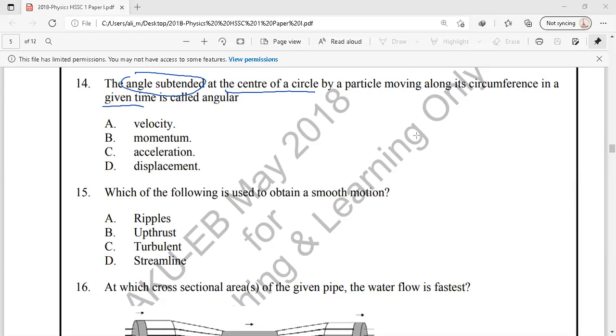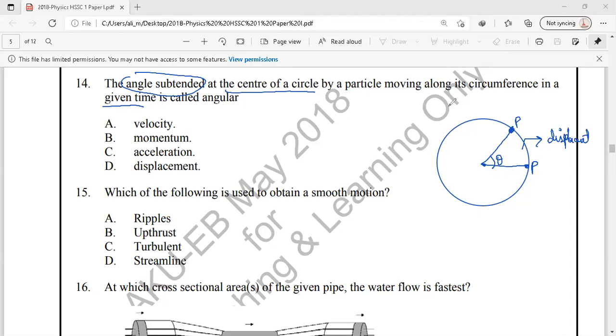So, if a body is moving in a particular circular path, let's say this is the starting point of a particle P, and at a certain time it has covered the displacement and reaches this position. So the angle subtended at the center is known as angular displacement, and this angular displacement is represented by theta.